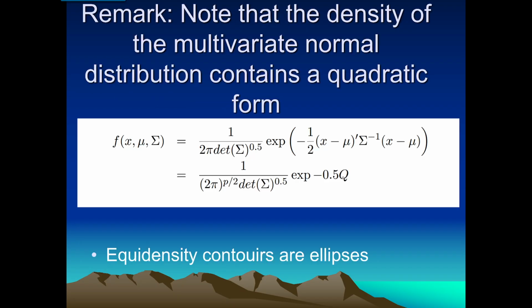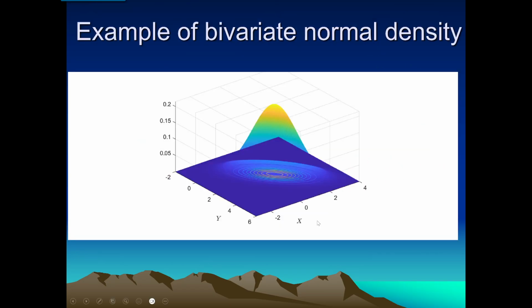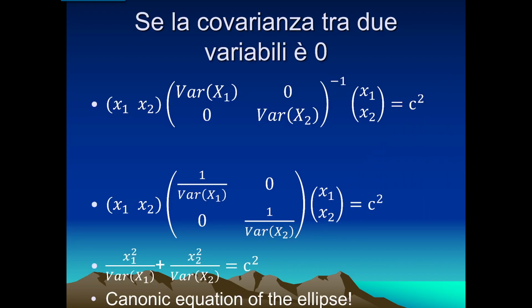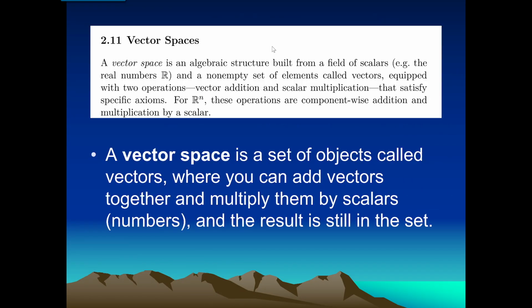And even the multivariate normal distribution has a quadratic form here. So the equidensity contours are indeed ellipses in the multivariate normal distribution, but we are going to see it later.